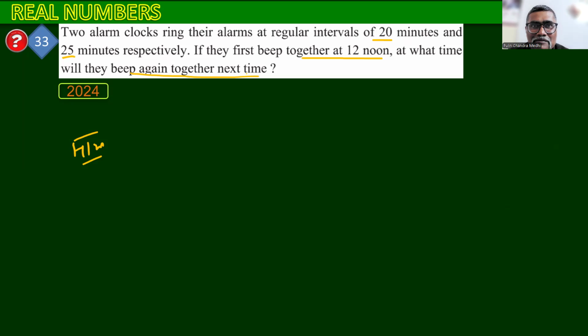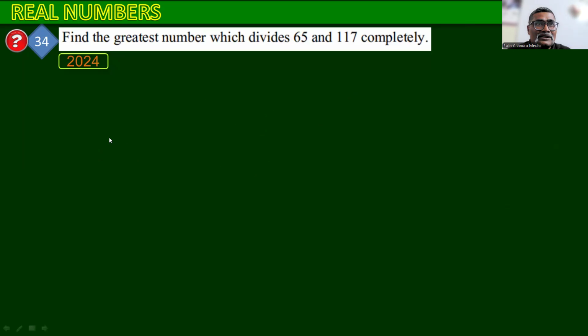Yes, 100. 50 is not divisible by 20. So after 100 minutes, they will ring together. 100 minutes means 1 hour 40 minutes. That means at 1:40 p.m. they will ring together. Okay. So you can easily write, you have to find the LCM.